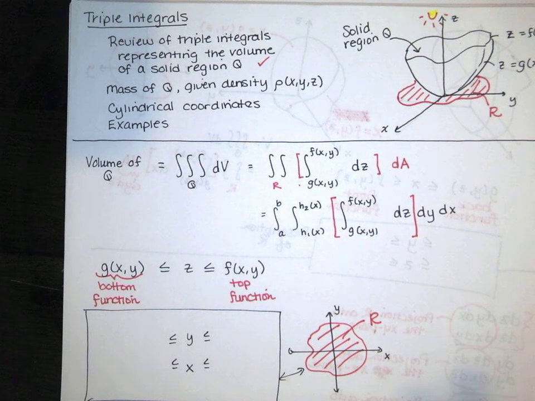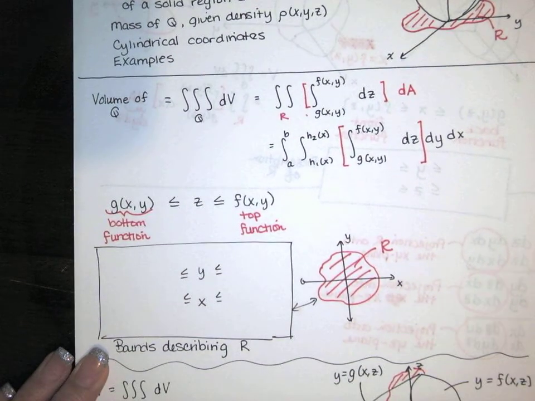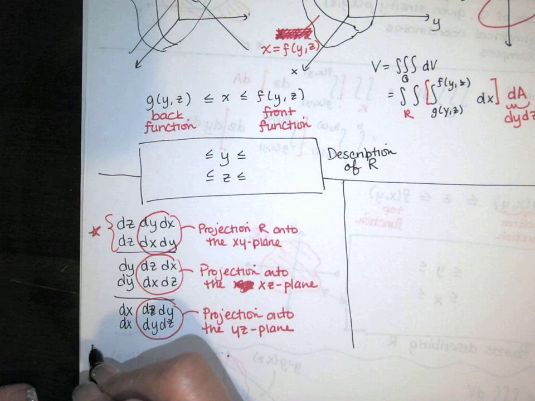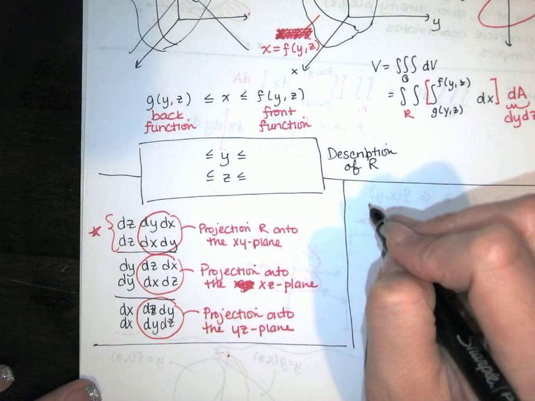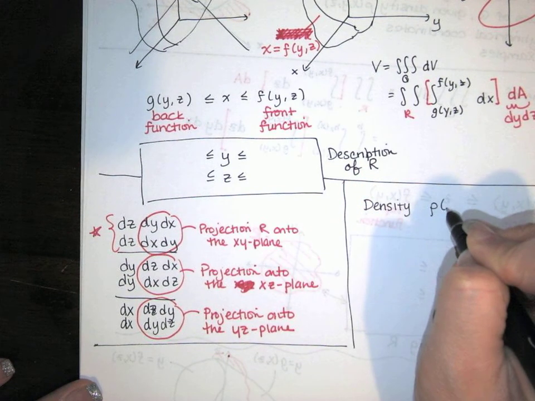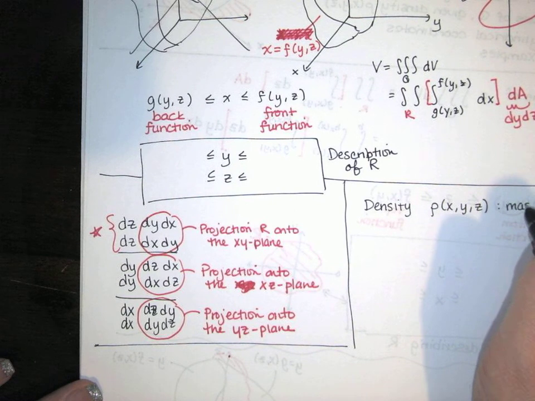Now, I also said we would review the mass of a region Q given a density. So if I know the density of my region Q, maybe density is given by rho of x, y, z, and this is mass per unit volume.